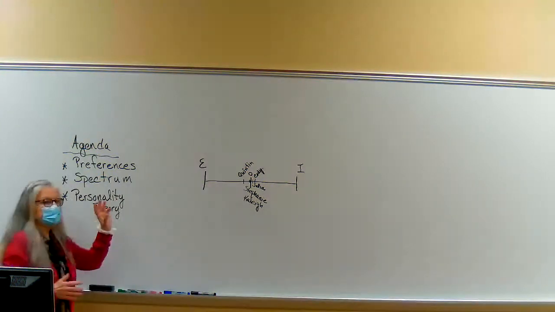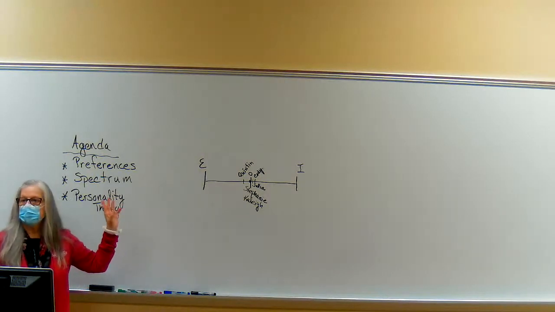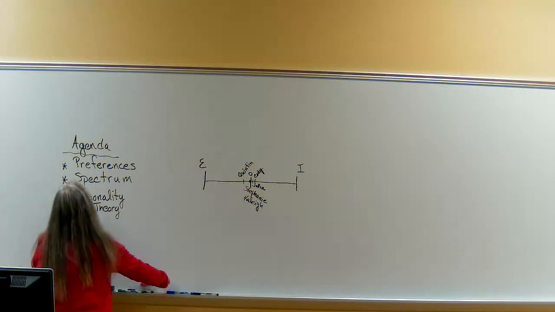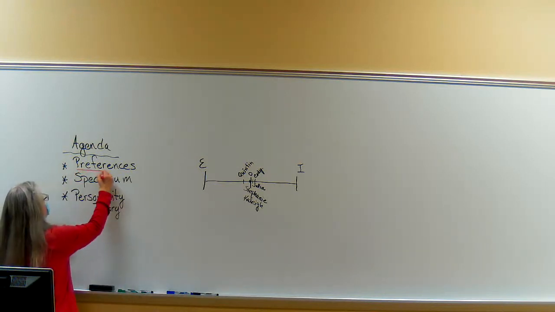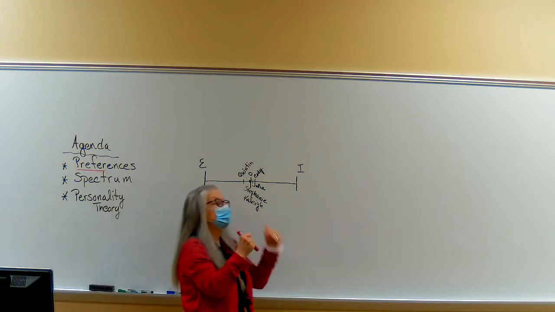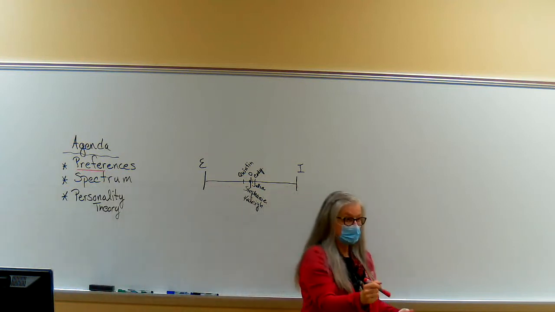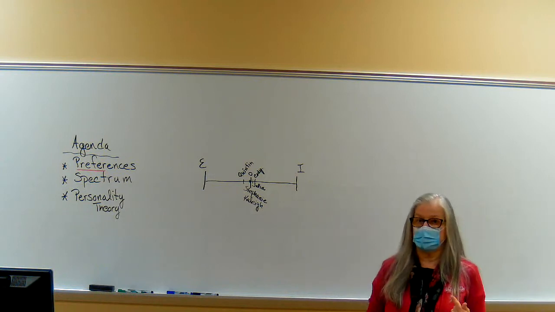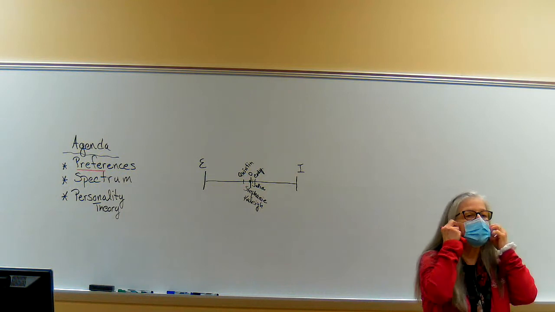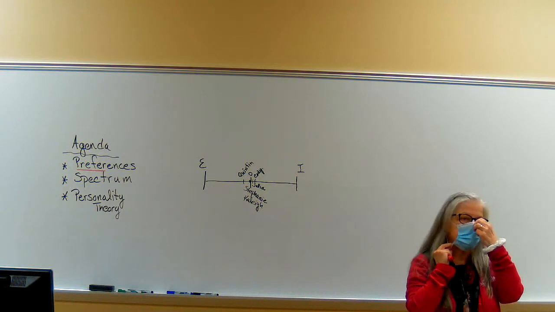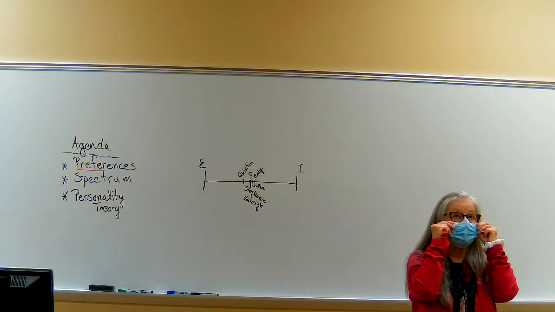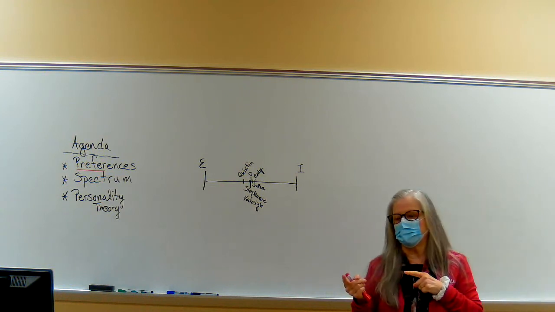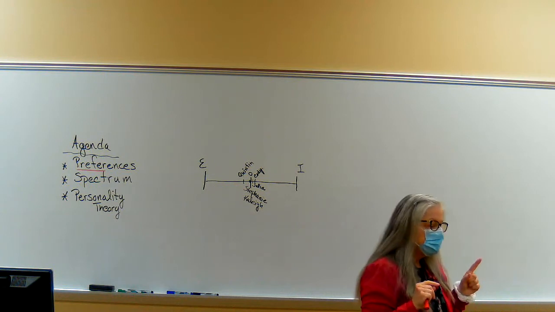So the first thing I want everybody to recognize is that in personality theory, it's all about what do you prefer, all right? Or what are your go-to behaviors or feelings, what you say, what you do, etc. And by preferences, it means that if you have a conscious choice, you're going to prefer one over the other in terms of your action.